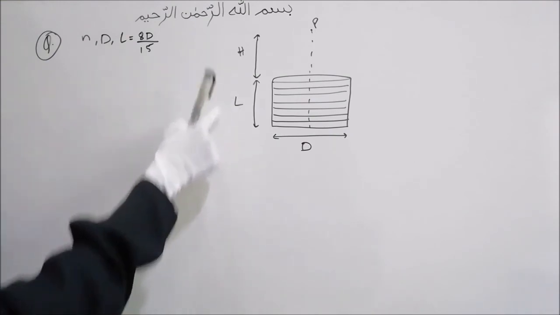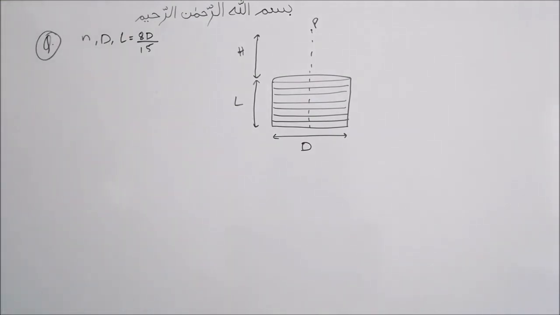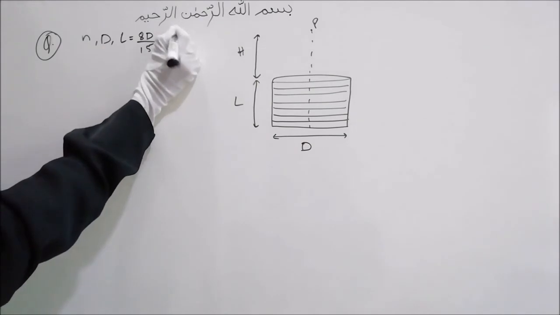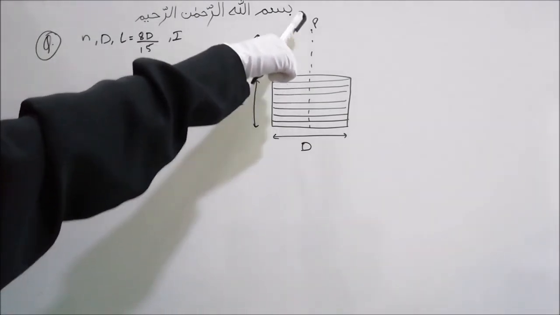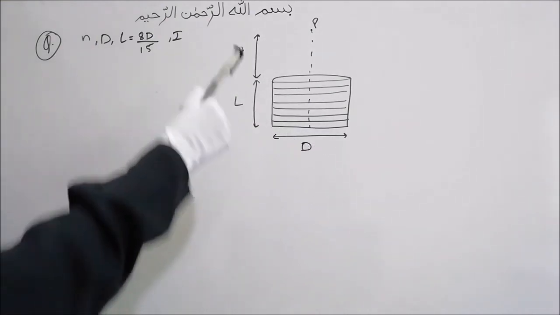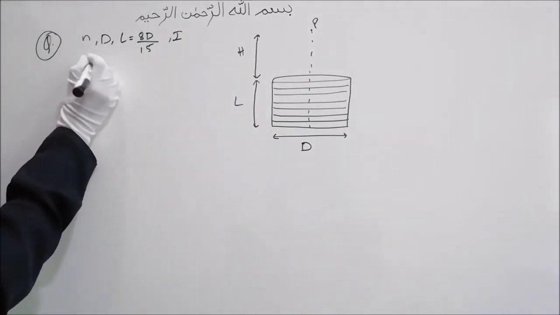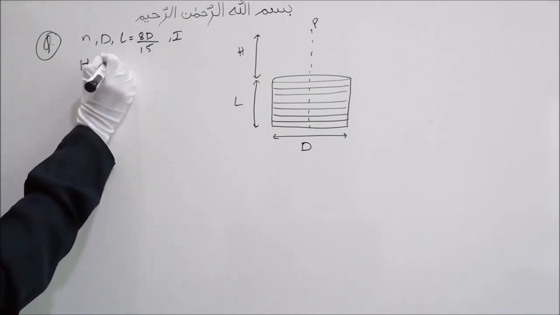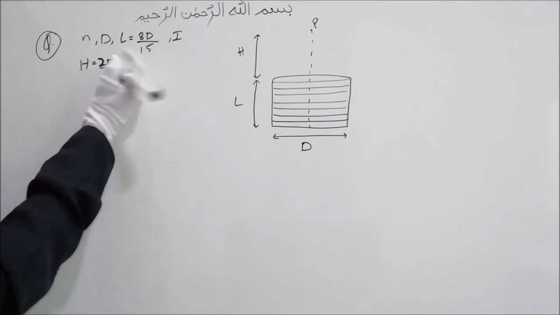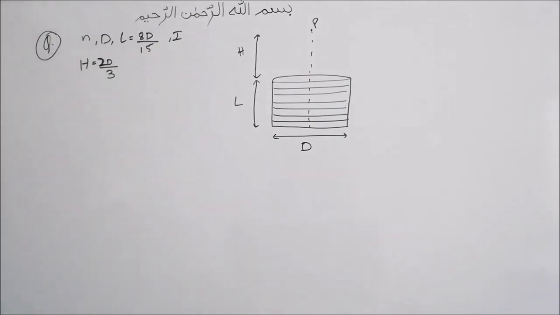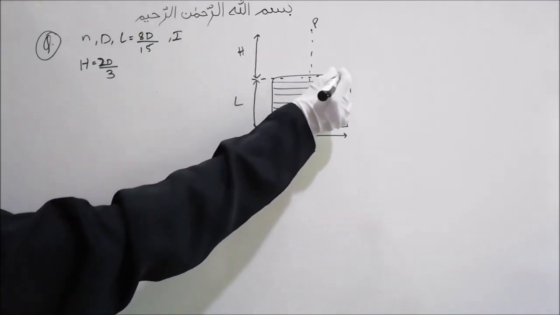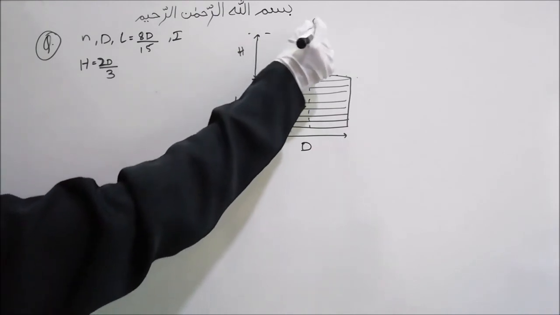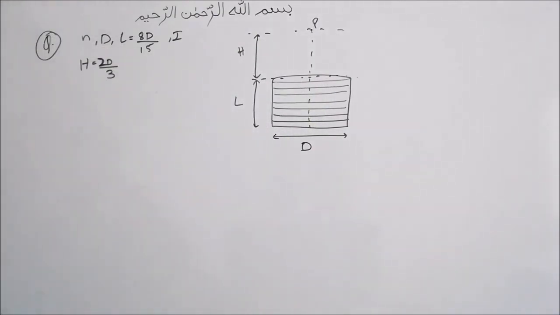This length is 8d by 15 and it carries a current I. The magnetic field at this point P on the axis of the solenoid at a distance h, which is equal to 2d by 3 from its near end, is? That means you have to find the magnetic field at point P. h is the distance from this end to the point P and L is the total length of the solenoid.